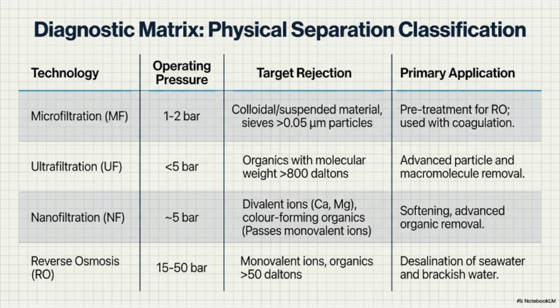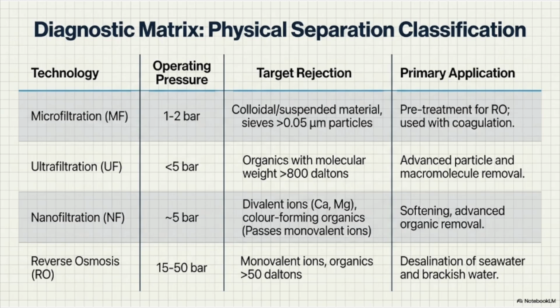Each of these physical separation technologies has a distinct application. Microfiltration targets colloidal and suspended material, sieving out particles larger than 0.05 micrometers, and is primarily used as pre-treatment for reverse osmosis, often combined with coagulation. Ultrafiltration targets organics with a molecular weight greater than 800 daltons and is used for advanced particle and macromolecule removal.